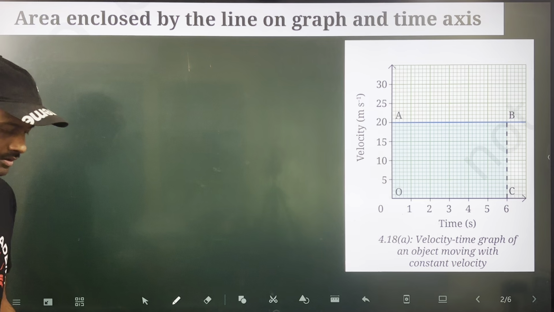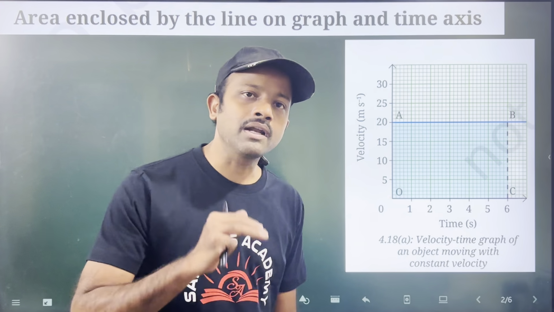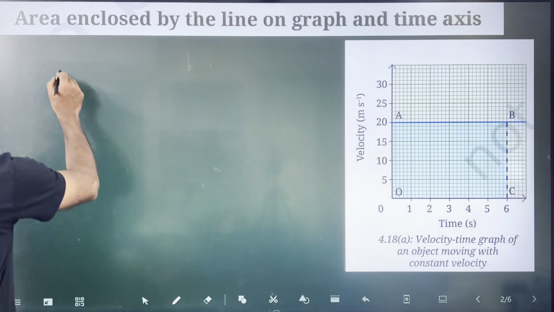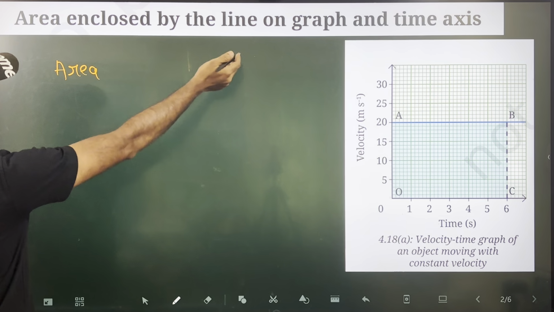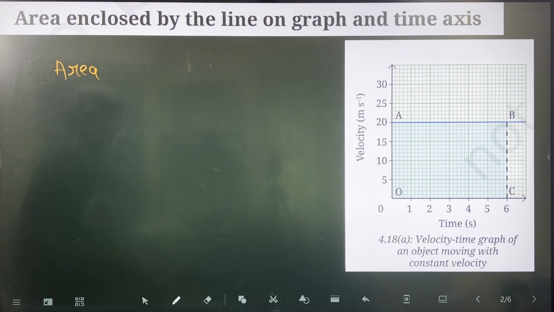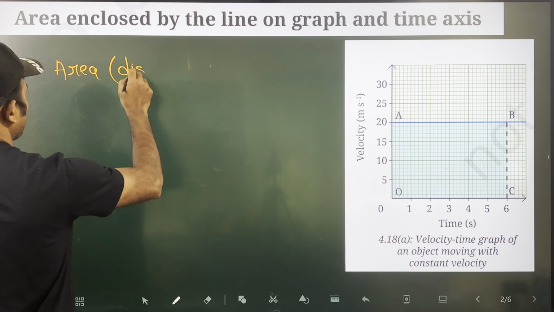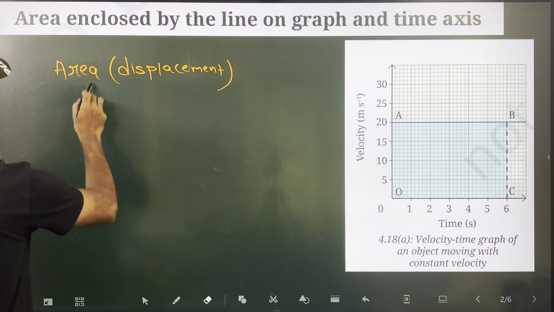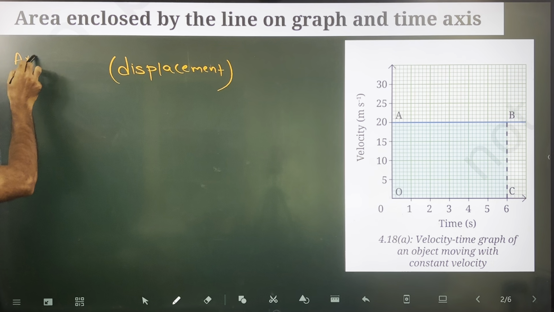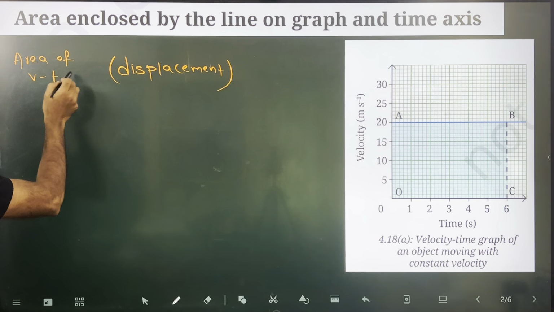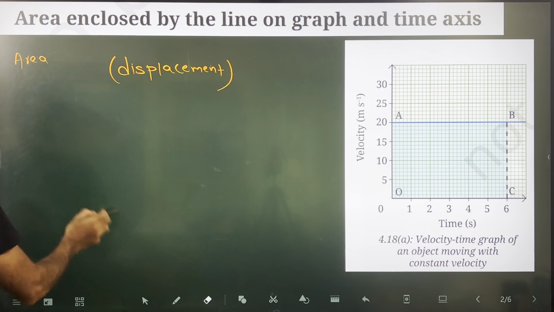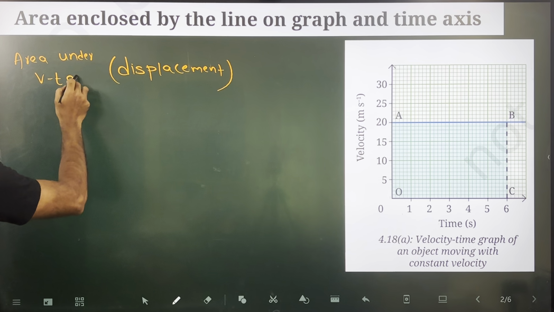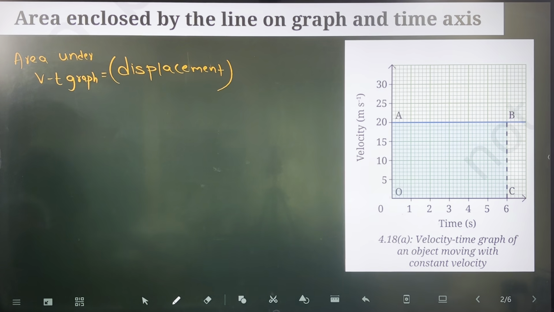Now, by using the same velocity time graph, the area under the velocity time graph gives displacement. The area enclosed by the line on the graph and the time axis gives displacement. So you can write: area under the velocity time graph, area under the VT curve or VT graph, will give displacement.